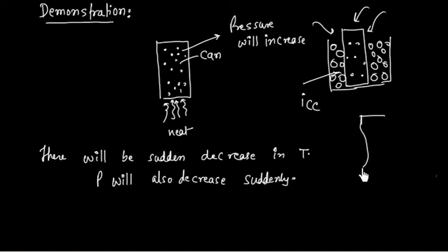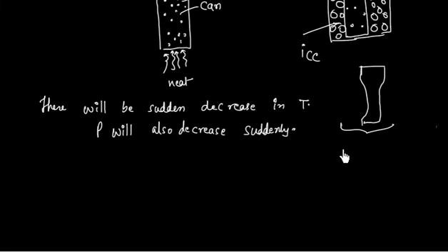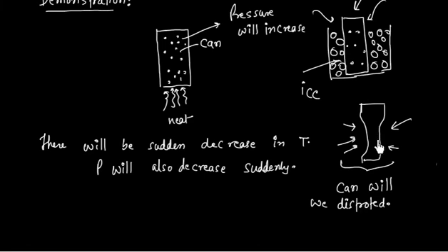Now the can will have an irregular shape. So the can becomes distorted. This is because air outside will try to rush in, and this can will have a different shape.